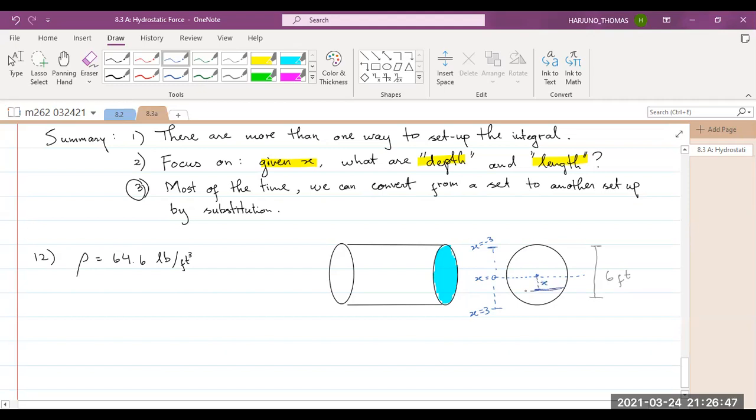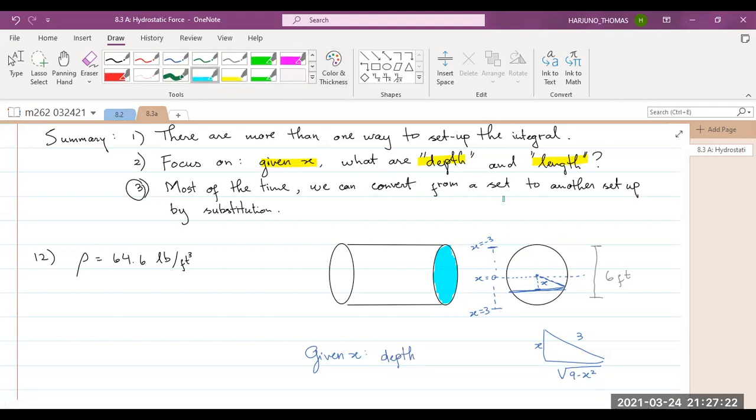Now, for any x that I choose, what is the length here? Now, the radius is 3. So if this is x, this is 3, this is square root of 9 minus x squared. Is it right? So given x, what is the depth? Notice that the water starts from the top. So how deep is this?